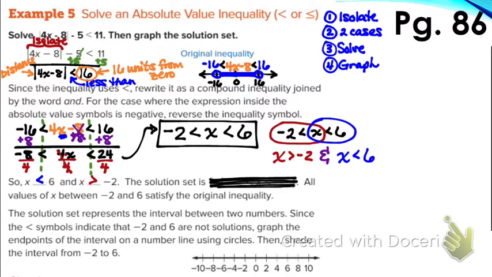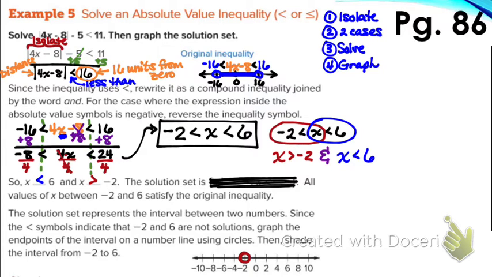Negative 2. Open or filled in? How do I decide whether I should leave it as an open dot or a filled in dot? If it has the or equal to, does this one have the or equal to? No, then I leave it as an open dot on my number line.